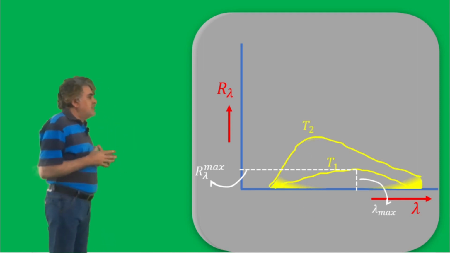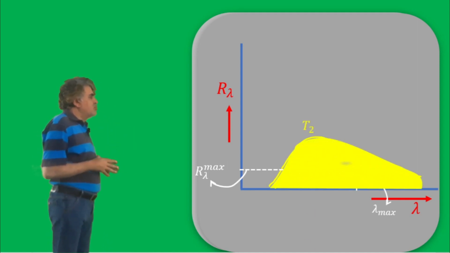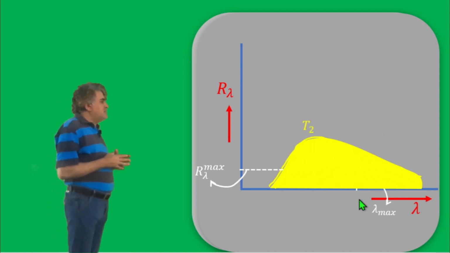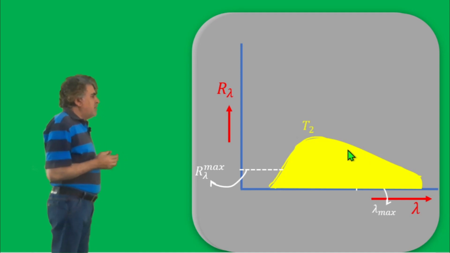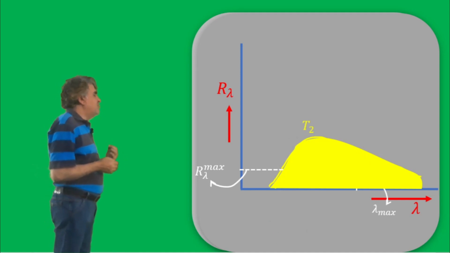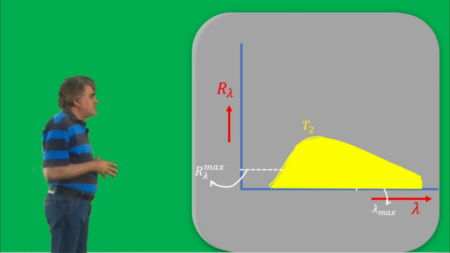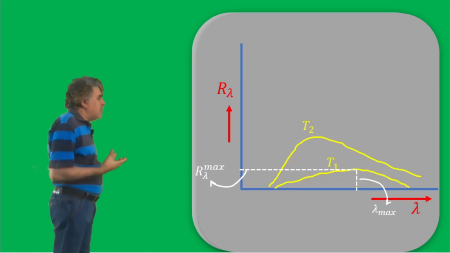We see that this curve encloses a larger area with the horizontal axis, which means that the total emissive power in this case is larger than in the case of temperature T1. So increasing the temperature of a blackbody in fact increases the total emissive power.